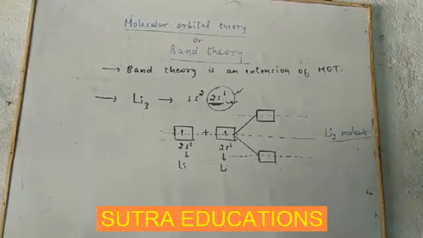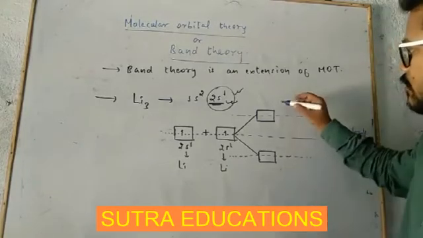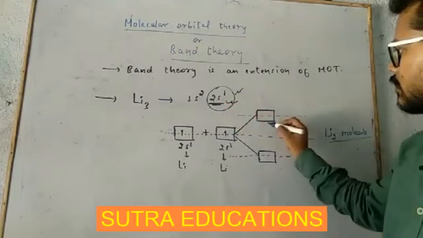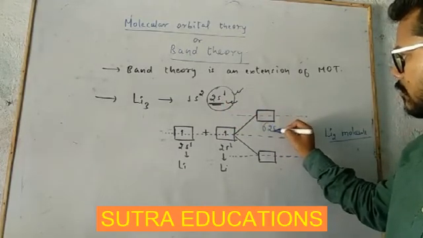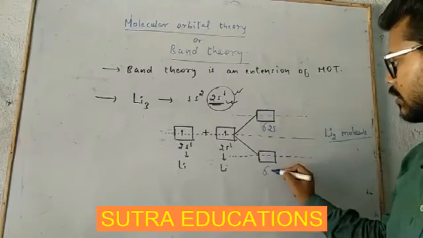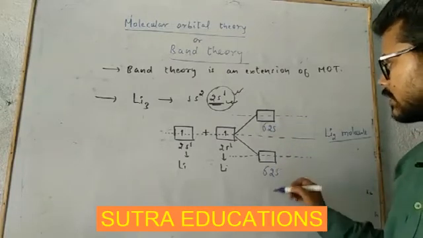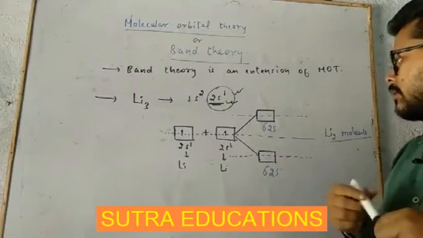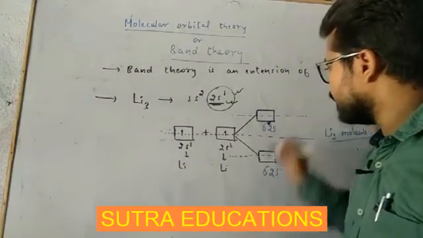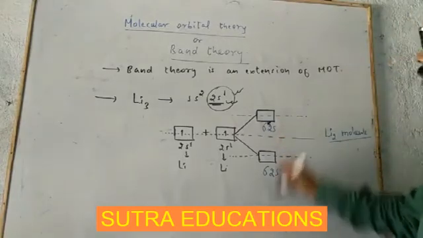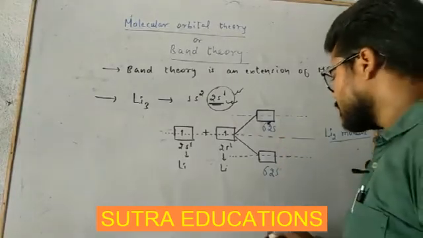Here it is 2s1, so it will be sigma 2s. And I told you anti-bonding molecular orbitals are represented by a star. So this one is sigma star 2s and this one is sigma 2s.